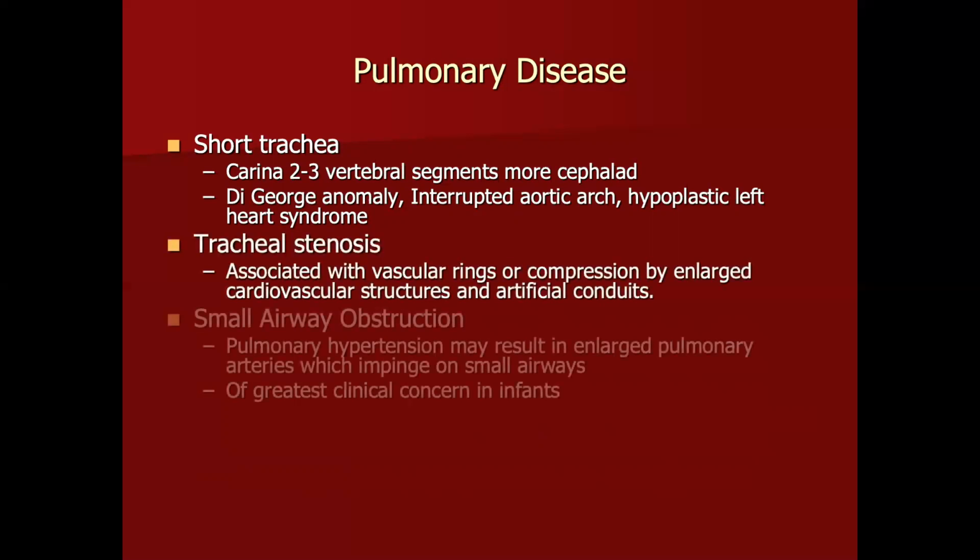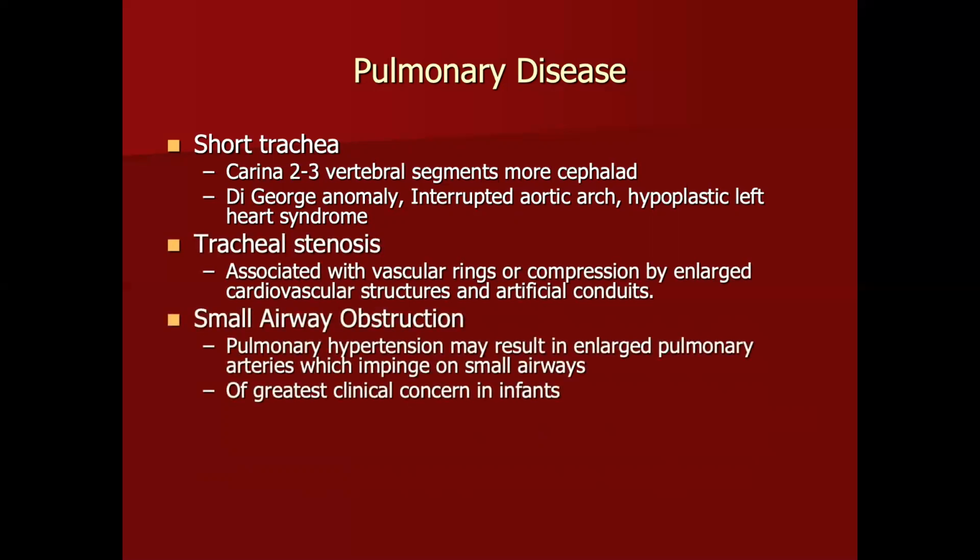Children with congenital heart disease may have associated airway anomalies. Because of these or other factors, they may be predisposed to pulmonary disease. Some lesions of congenital heart disease are associated with a short trachea. The carina may be 2 to 3 vertebral segments more cephalad.